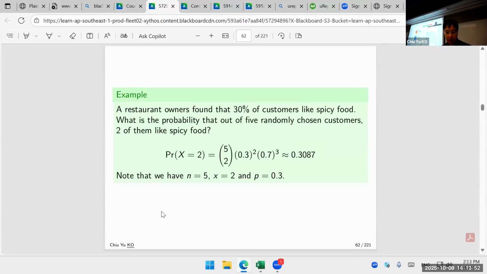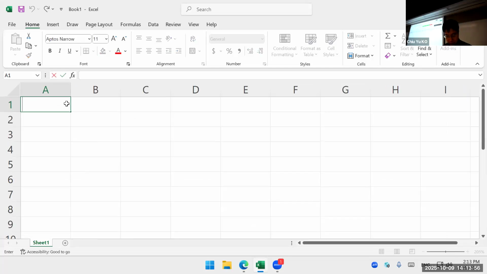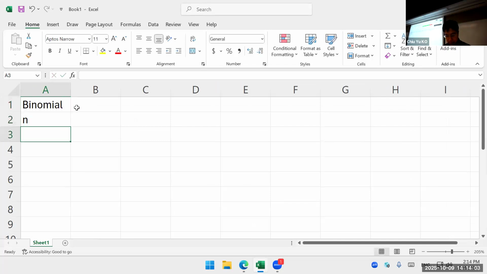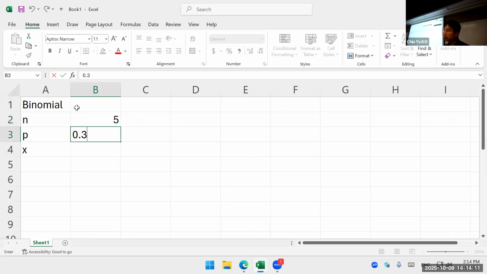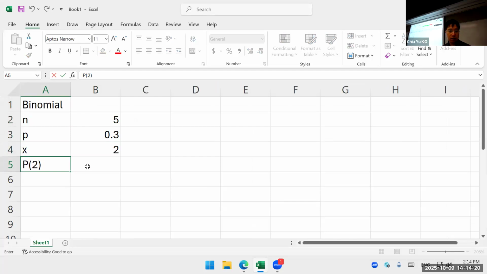So let's do the Excel. I have binomial, and I have n, p, x. n is 5, p is 30% each time, x is 2. I want to calculate P of 2. How do we do that?